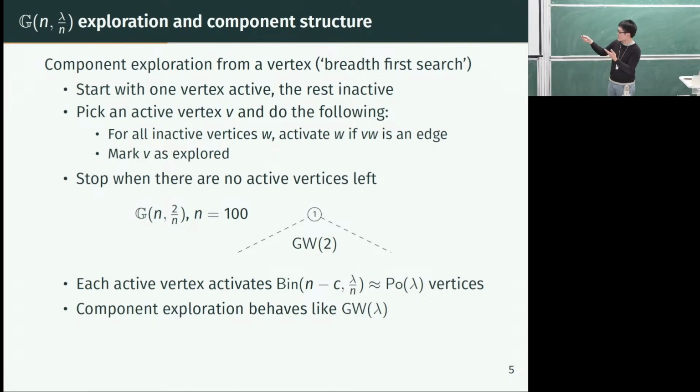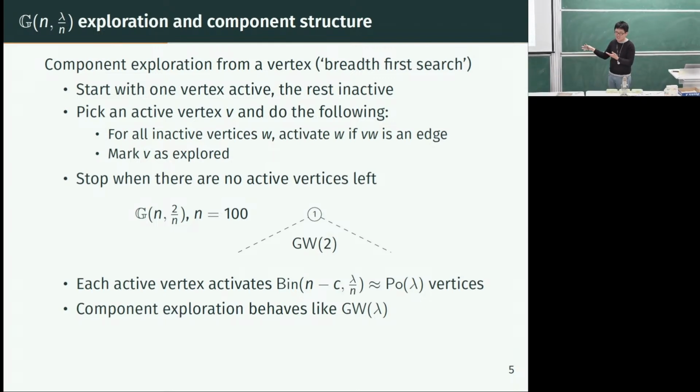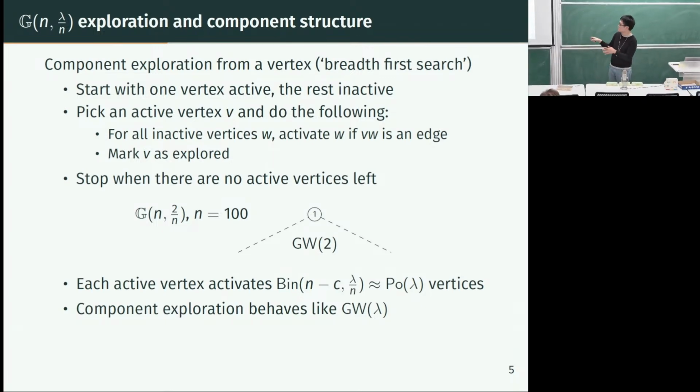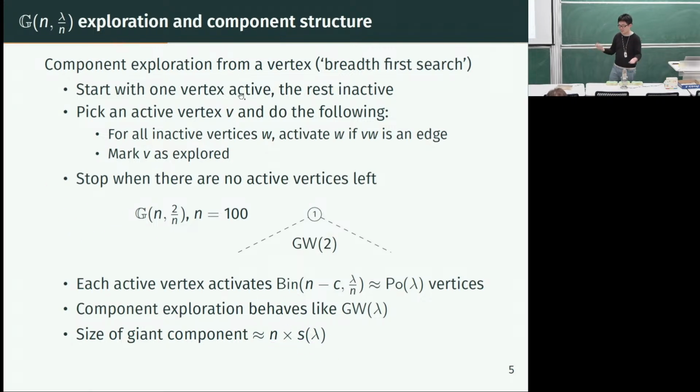Of course, you might complain that things will at some point break down because you start seeing too much, but in the theory, if you do everything rigorously, you can sort all these things out. And what this gives you is that the giant component is roughly of the following order: n times the survival probability of this random Galton-Watson branching process.